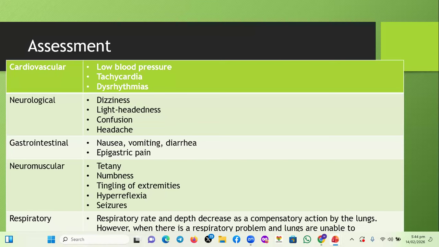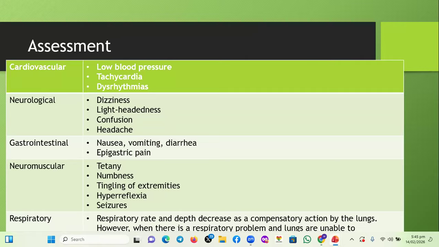So originally the person will be having hyperventilation, but as a form of compensatory mechanism, the body will now have to compensate by decreasing the respiratory centers, and the person will then experience decreased respiratory rate and depth.